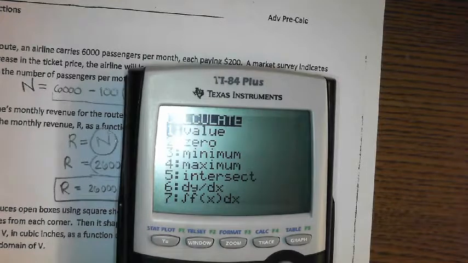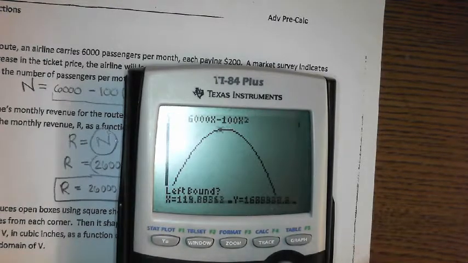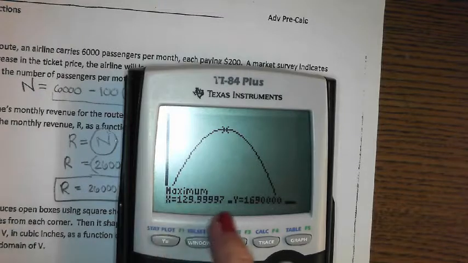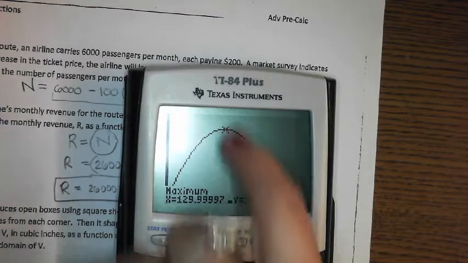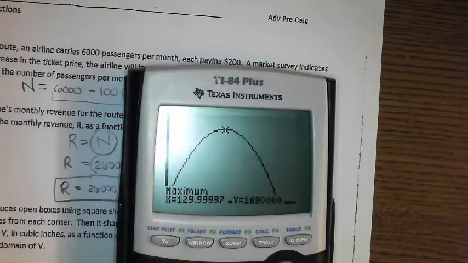So if I do second trace and search for my maximum, left bound, right bound, enter, my perfect ticket price would be $130, it looks like. Interesting. So we're charging too much right now.